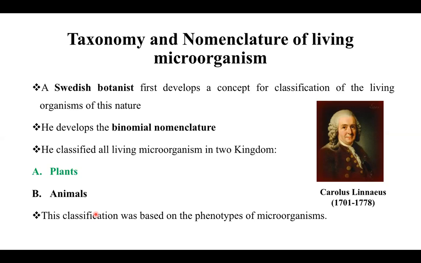He classified the living organisms in nature into two kingdoms: the kingdom Plantae, which includes all the plants found in nature, and the kingdom Animalia, which includes all the animals found on this planet. But he failed to classify the bacteria, fungus, virus, and parasites.